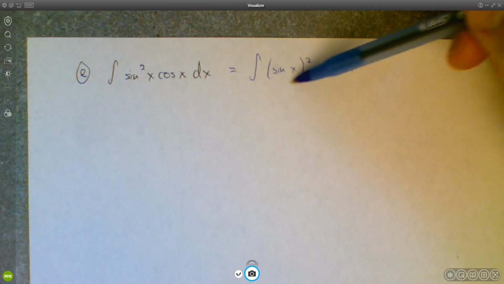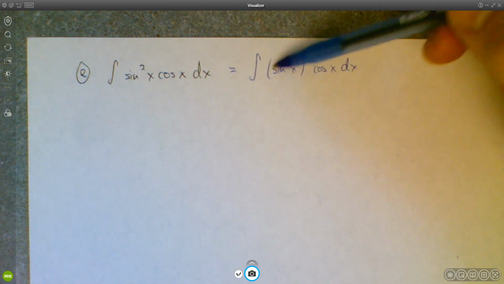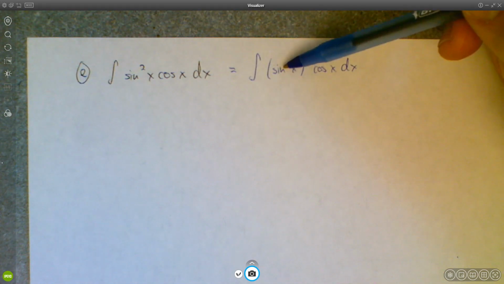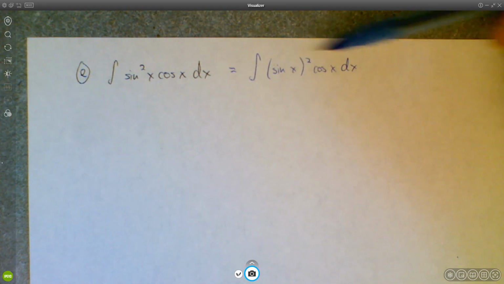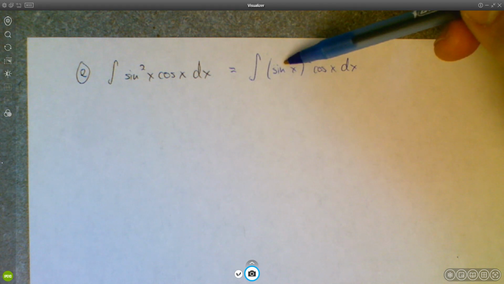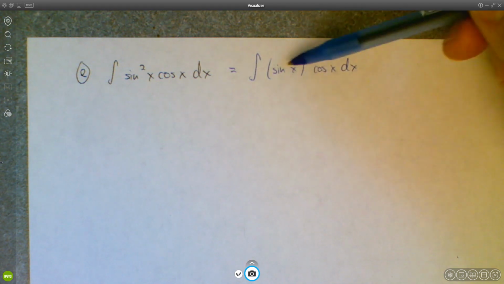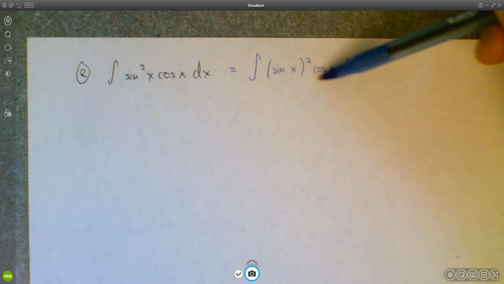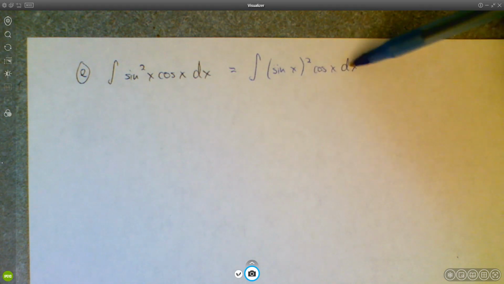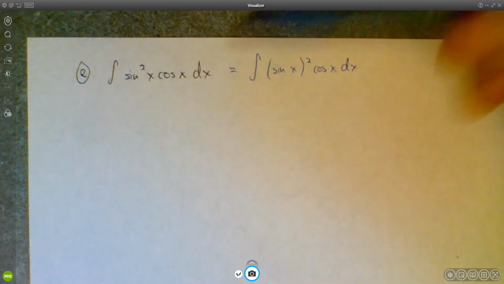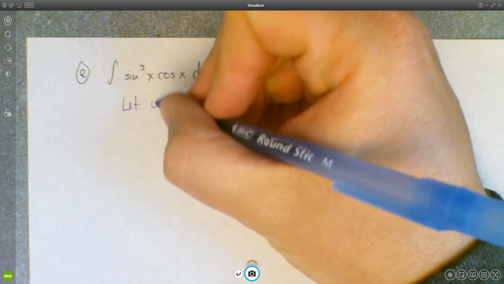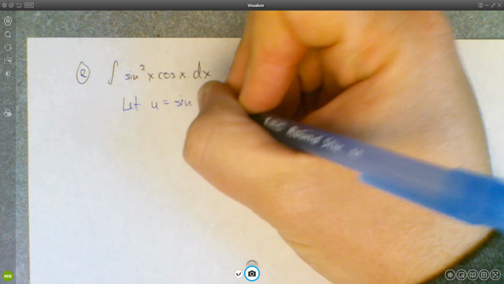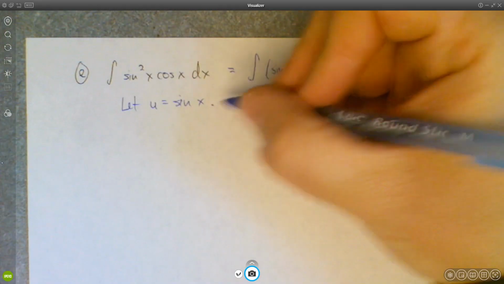Well, the something that you're squaring, if we call that u, derivative of u would be, right, derivative of sine x is cosine x. So the derivative of this thing is sitting right here. So that tells me that I should let this be u. So I'm going to let u be sine x.